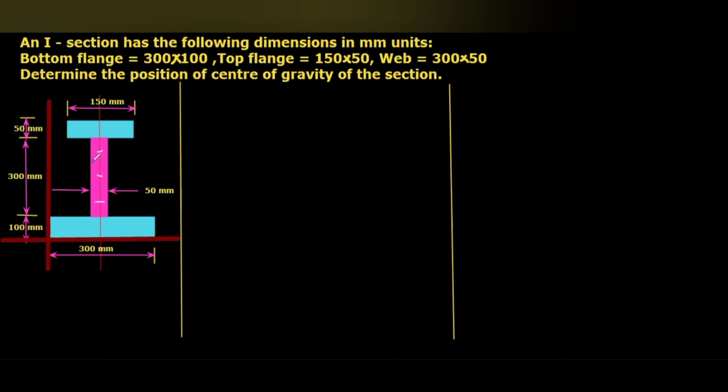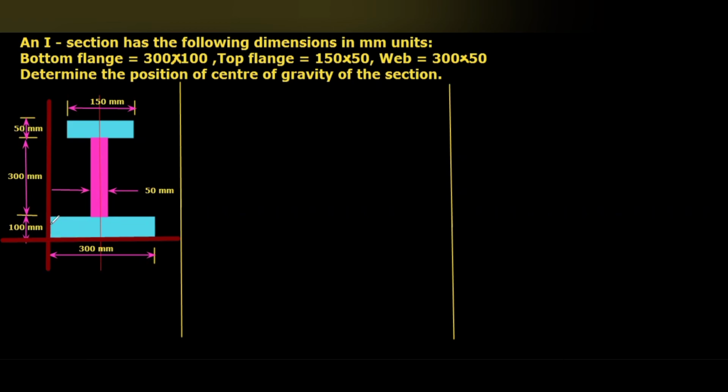Do you understand? Wherever the center of gravity is, the distance from the reference axis for x bar will be the same. This is 300, divided by 2, it will be 150 mm.